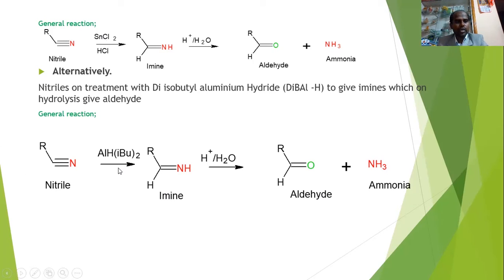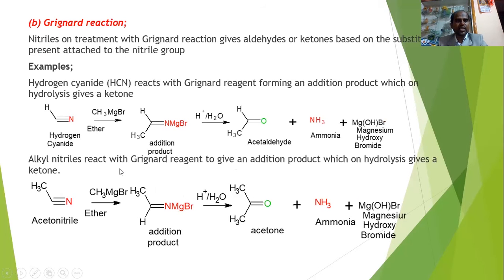So I will pass to the next slide. The next slide is the Grignard reaction. Again, Grignard is a scientist. So Grignard reagent means RMgX is called a Grignard reagent. An example of RMgX is CH3 magnesium bromide.